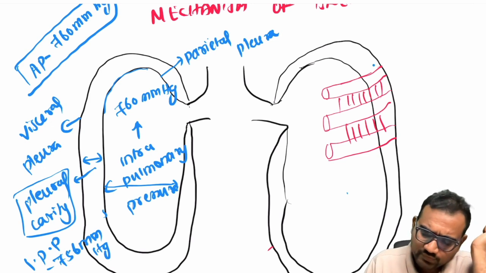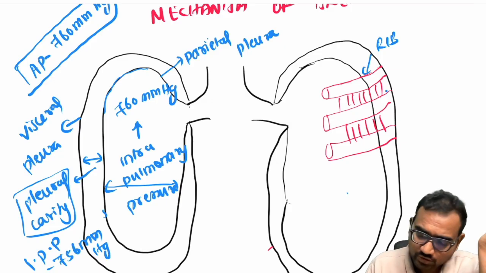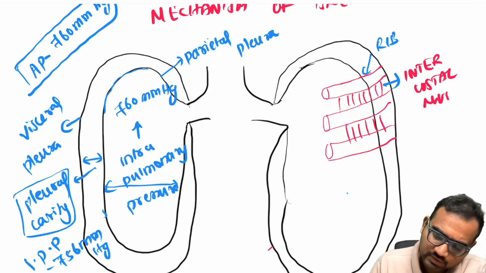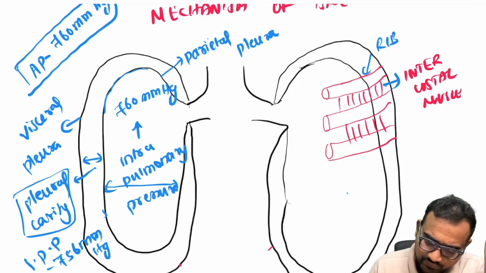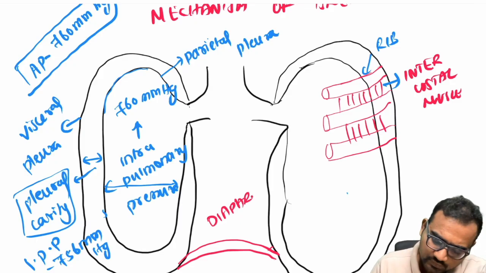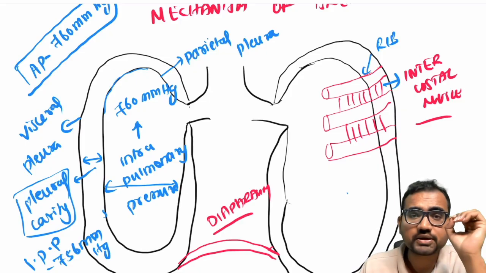So we have the rib cage covering the lungs, and between the ribs we have very important muscles, that is the intercostal muscles, and also we have a muscle called the diaphragm. So the diaphragm and the intercostal muscles play a very important role in inspiration and expiration.